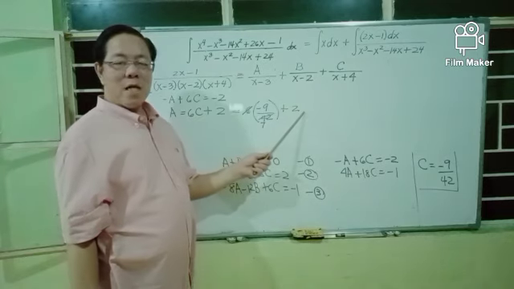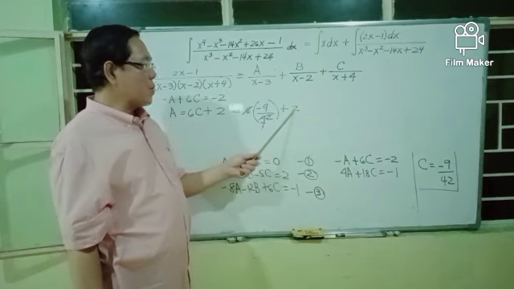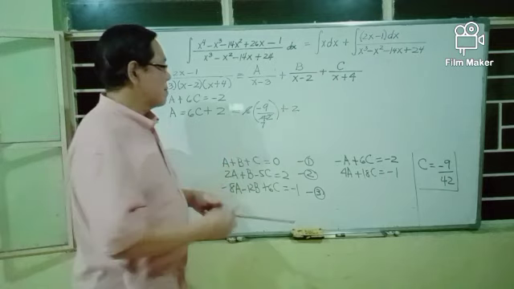To get a common denominator of 7, we multiply 2 by 7 over 7.